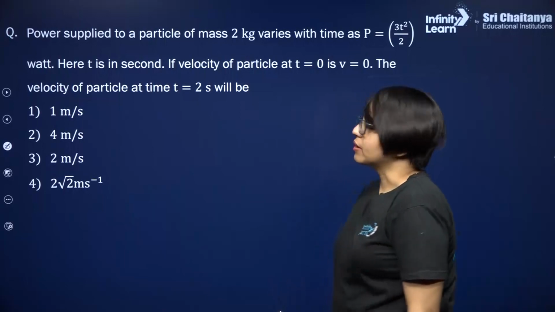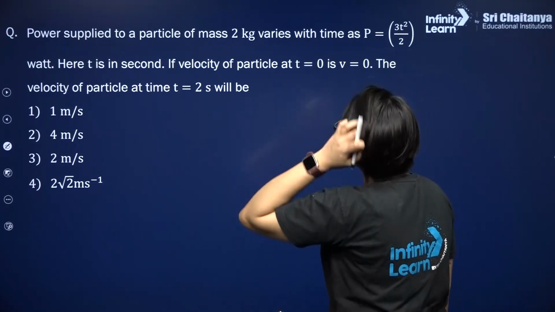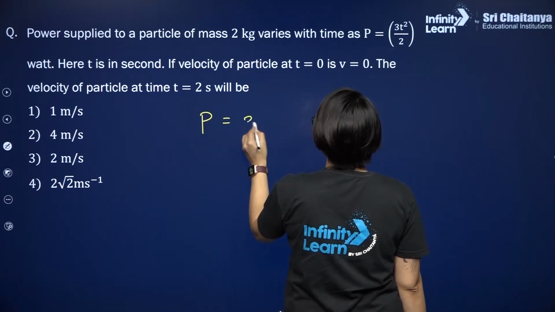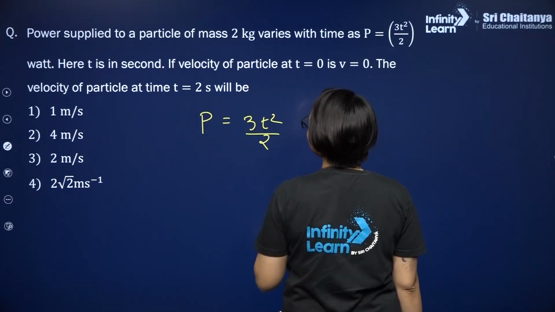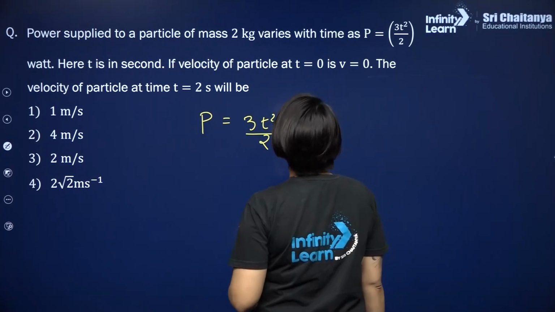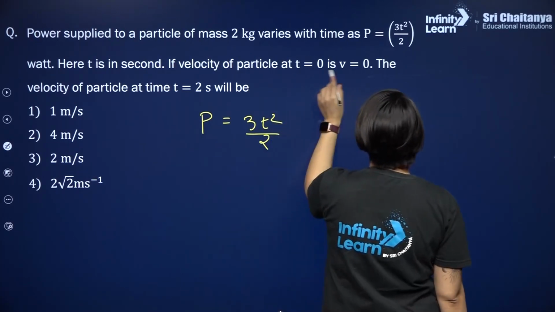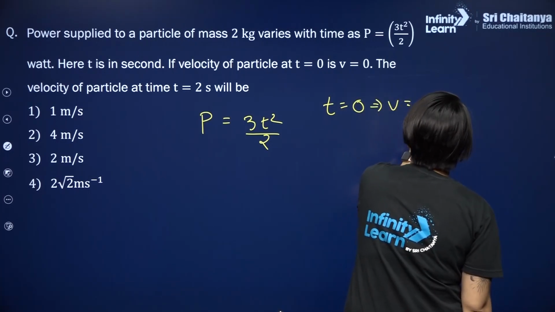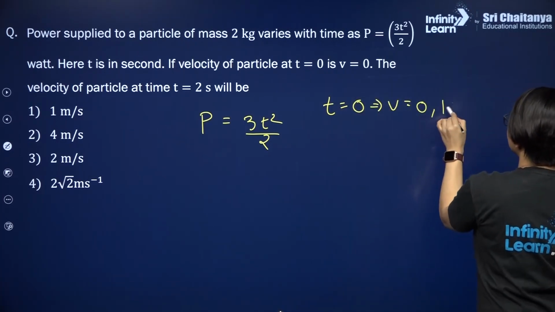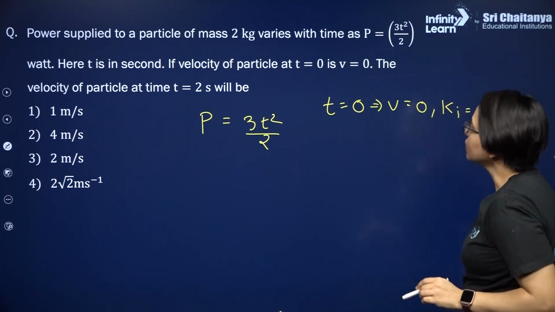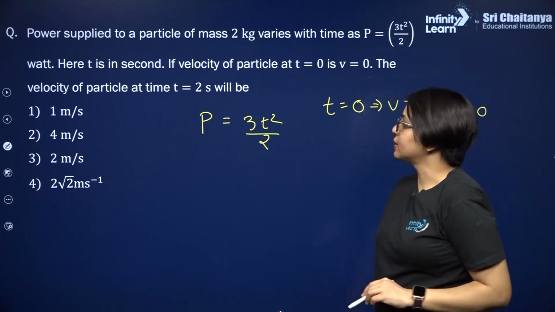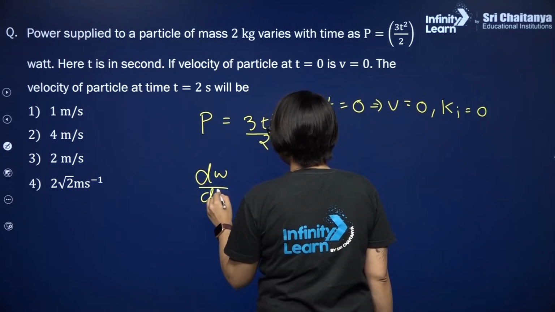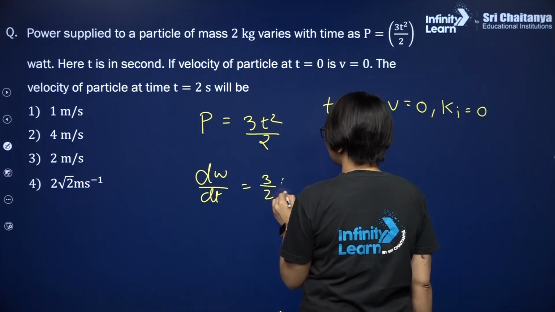Now, next is this one, power supplied by a particle of mass 2 kg varies with time as 3t square upon 2 watt. Here t is in second. If velocity of the particle at t is equals to 0 is 0. So, at t is equals to 0, velocity is 0, that means kinetic energy at t is equals to 0 is 0. The velocity of the particle at t is equals to 2 seconds will be. So, power is dw upon dt, that is 3 by 2 t square.